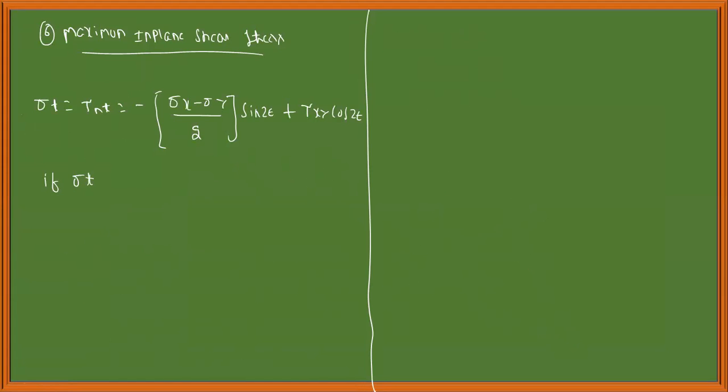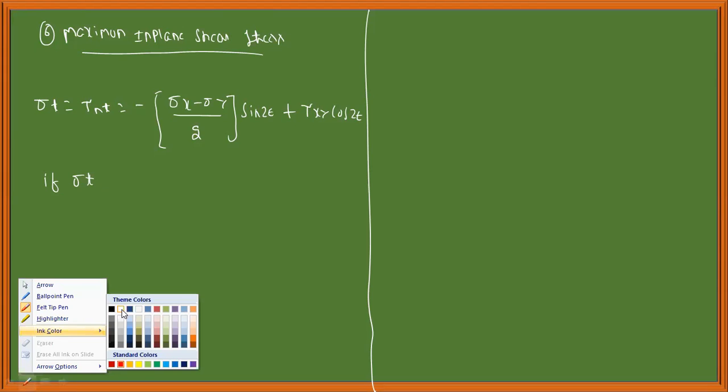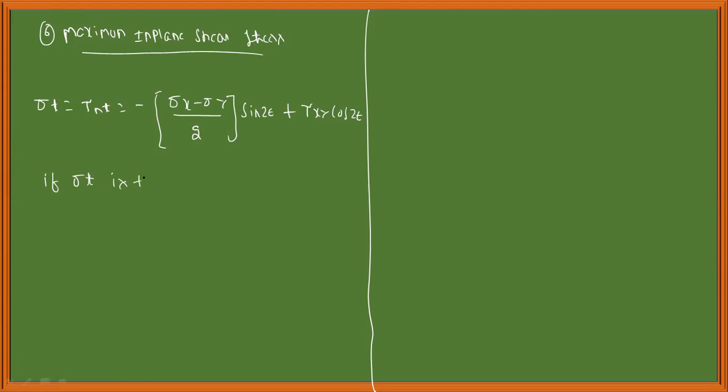If sigma t is positive, then it rotates the S1 plane in the counterclockwise direction.